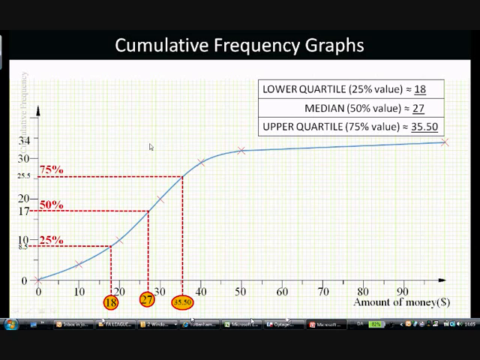So these are called the quartiles because it splits the group into 1, 2, 3, 4 sections. So 4 quarters, if you like. And they're also known as Q1, Q2 and Q3. Quartile 1, quartile 2, quartile 3. So 3 values that split the group up into 4 sections.